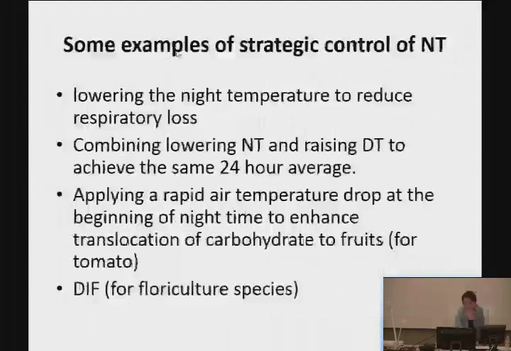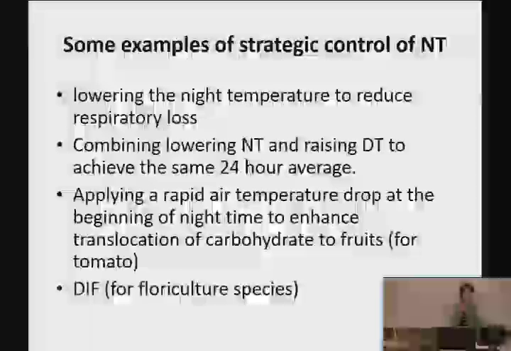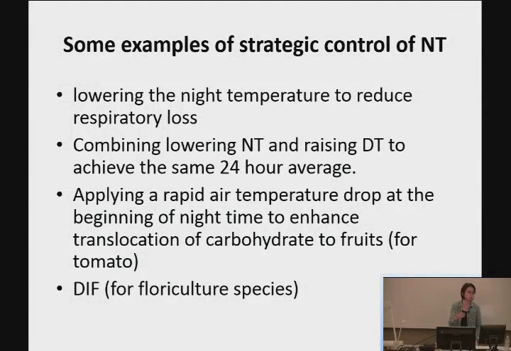And so some growers do a more strategic control of night temperature. They want to reduce night temperature to save energy, so that plants do not consume too much energy. But they want to keep the development rate going. In that case, they intentionally increase the day temperature whenever they can.